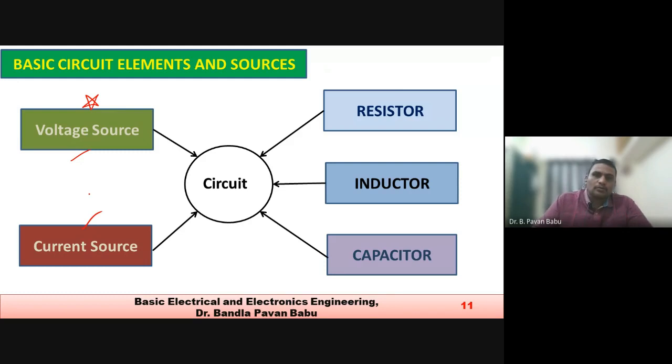All together, the combination of these sources and circuit elements are called circuit elements. Voltage and current sources come under active elements, and resistor, inductor, capacitor come under passive elements. A combination of all these components forming a closed path can be called a circuit. Let us see in detail.